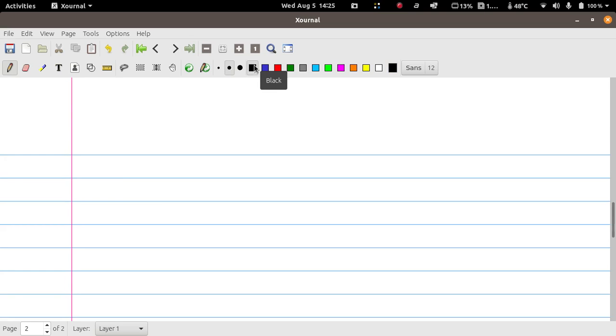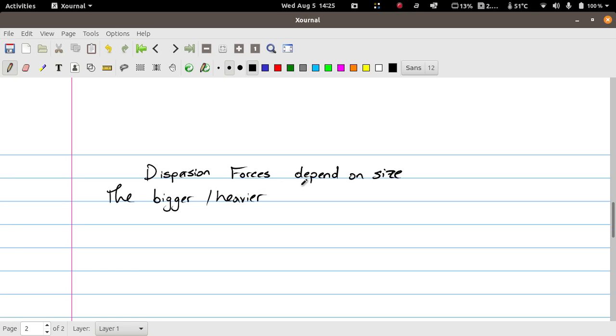Spoke too soon. So dispersion forces depend on size. The bigger or heavier a substance is, the stronger the dispersion force is.